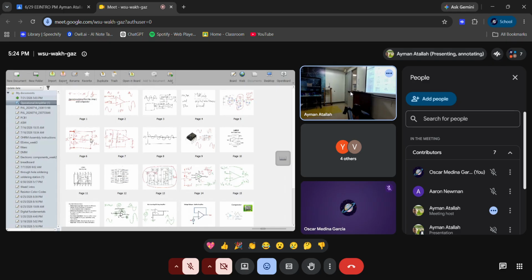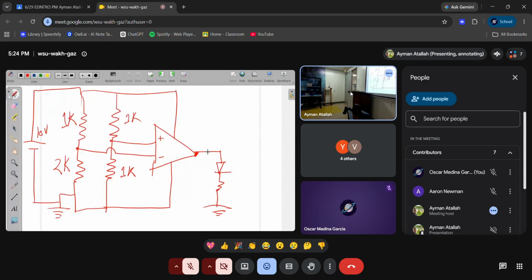Where is it, yes. Okay, so I have this level here is 10 volt with respect to ground. So this point has a voltage of 5. This point, does it have voltage 5 or higher than 5? I have 1K here and 2K here.